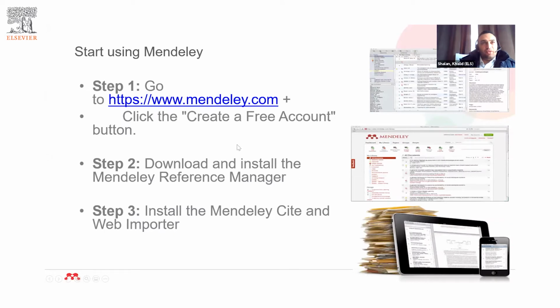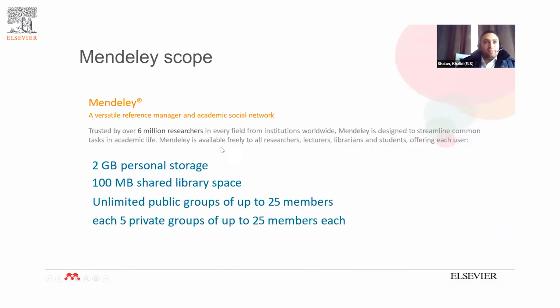So this is a little bit of the same of what we just described to install and create your account. Here is what goes with the free version of Mendeley. You get 2 GB of cloud storage for free, and you can share up to 100 megabytes of that library.